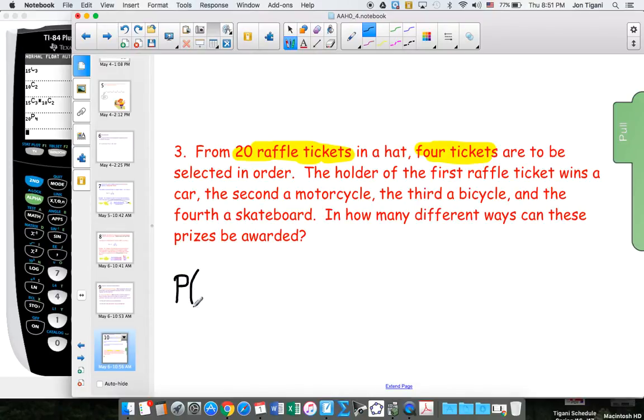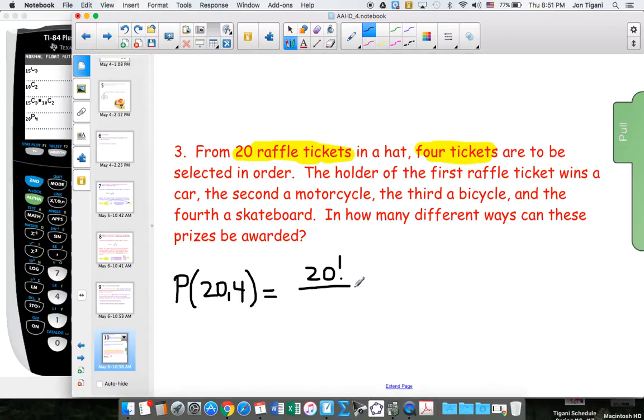So permutation, 20 choosing 4. Now bear with me, guys. I'm using my mouse here. All right, n factorial on the top, 20 factorial. This is what we want to see.